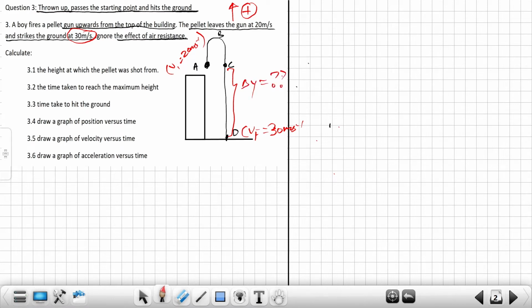So what information do I know? It depends. You can either do it for the path A, B, C, D, or you can only look at CD. Hence, I say it is always best to specify which motion or which path you are looking at. If I am looking at CD, I know already that my displacement from A to C will be 0.